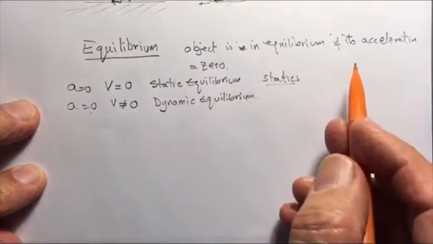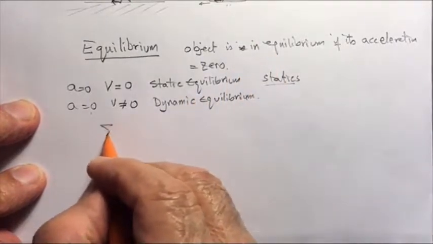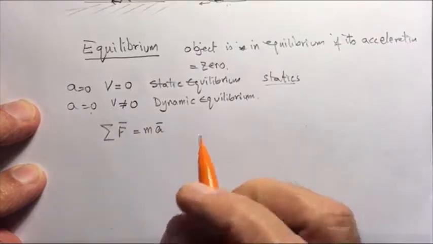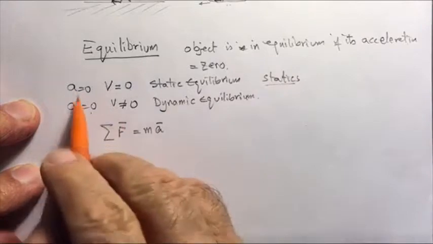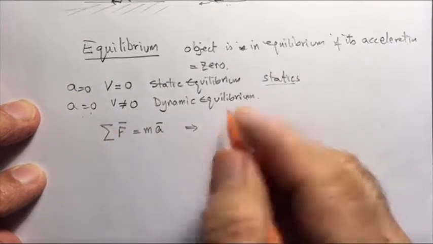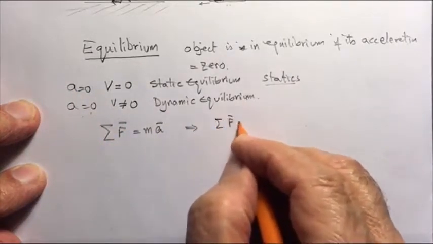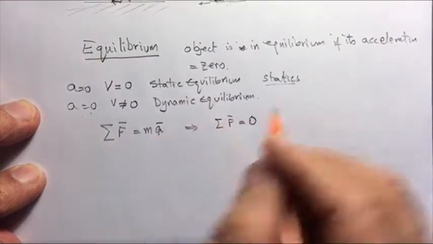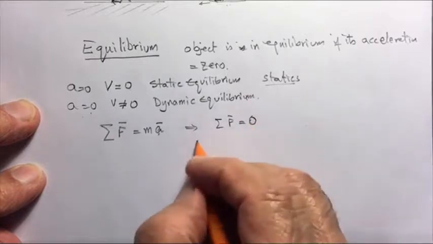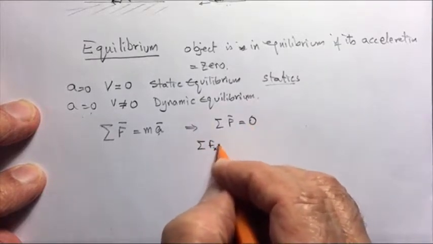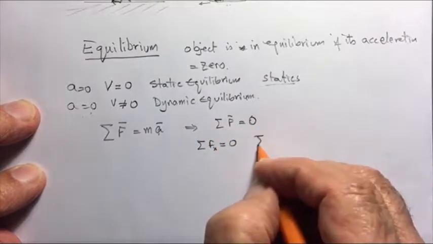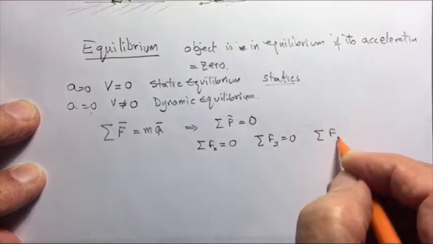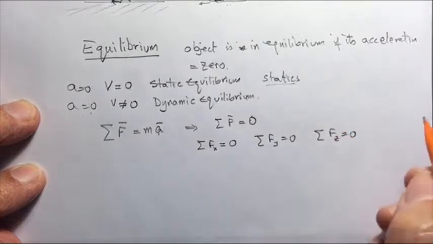So now if an object is in equilibrium, and we write the sum of forces equals ma, a is 0, so this equation becomes the sum of forces is 0. This can be broken up and written as the sum of forces in the x direction is 0, the sum of forces in the y direction is 0, and the sum of forces in the z direction is also 0.